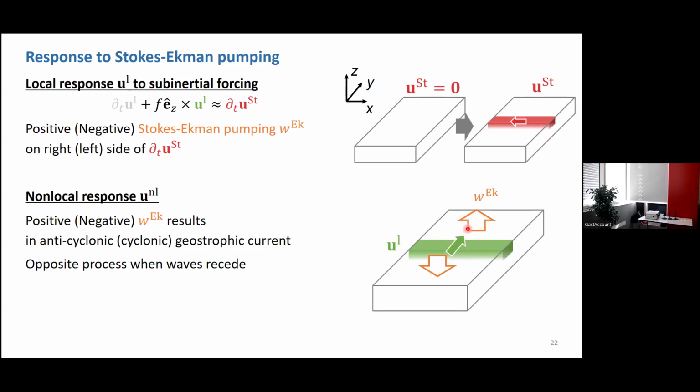And this adds a potential vorticity anomaly, which leads to anticyclonic and cyclonic geostrophic currents at both sides. And this is about when the waves start from 0 to a certain value. But when the waves decay, the opposite thing happens. So the circulation disappears.